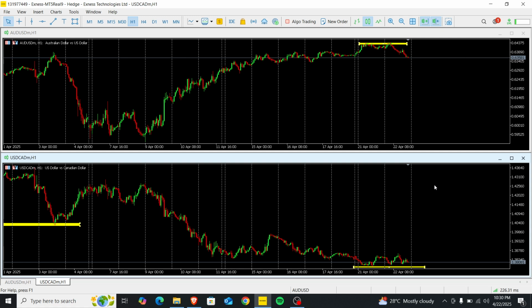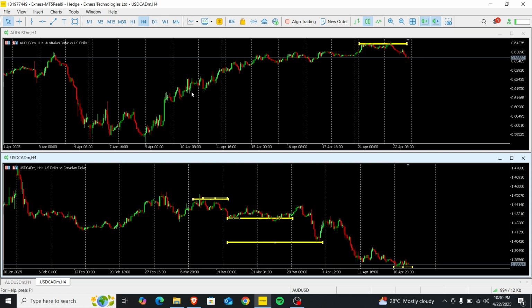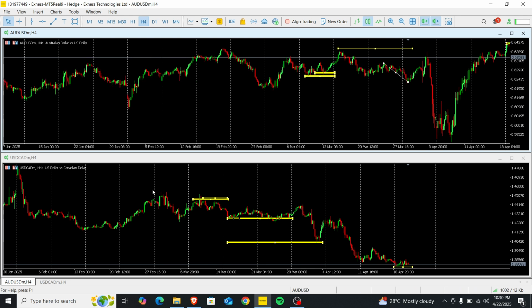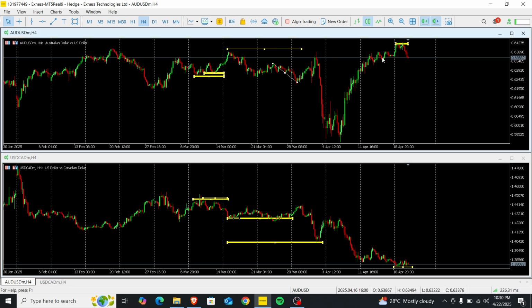So this is the advanced correlation strategy to know how and when to jump in on a sell on AUDUSD and a buy on USDCAD. Now if we go on a higher time frame, we're going to be seeing similar scenarios right here.